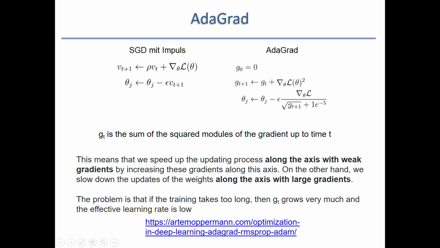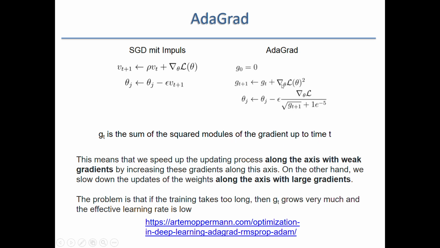And this one is the magnitude of the gradient. So somehow this is updating this sum of squares of the modules of the gradient up to time t.